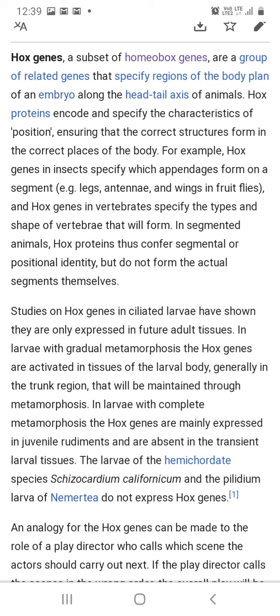Mice and humans are the two best studied mammals, while Drosophila is the best studied insect in invertebrates.